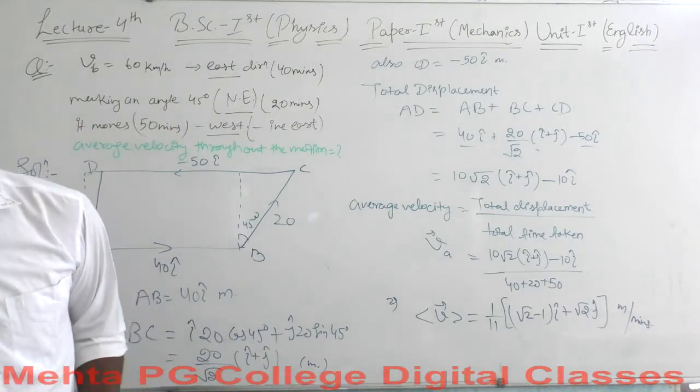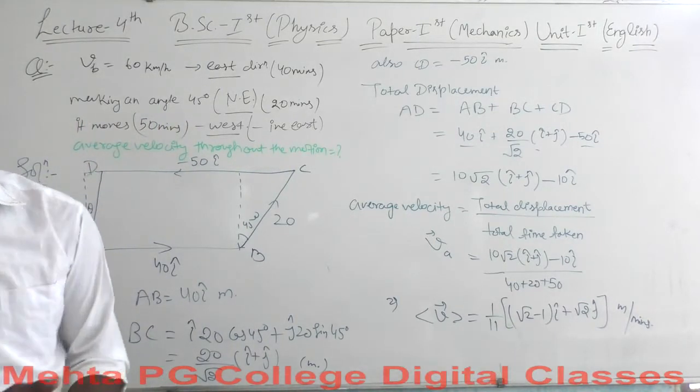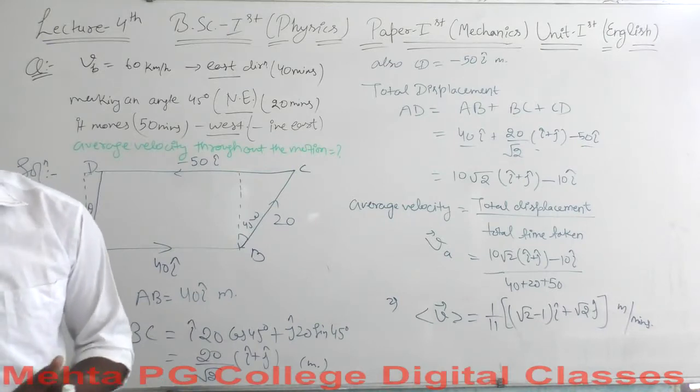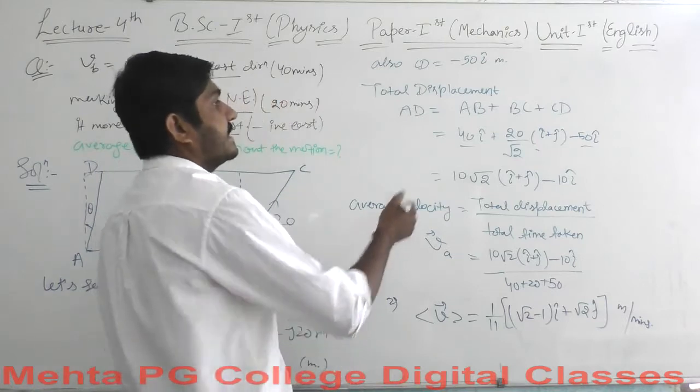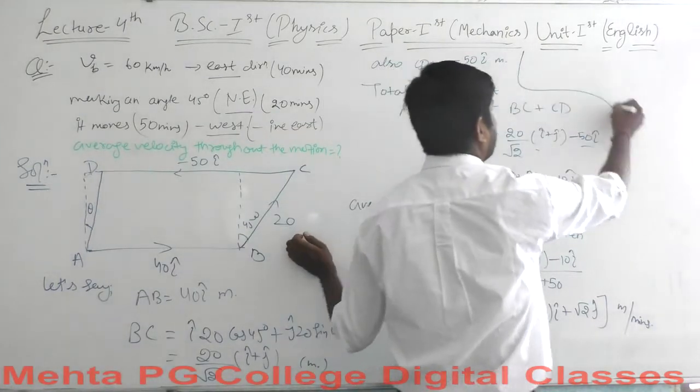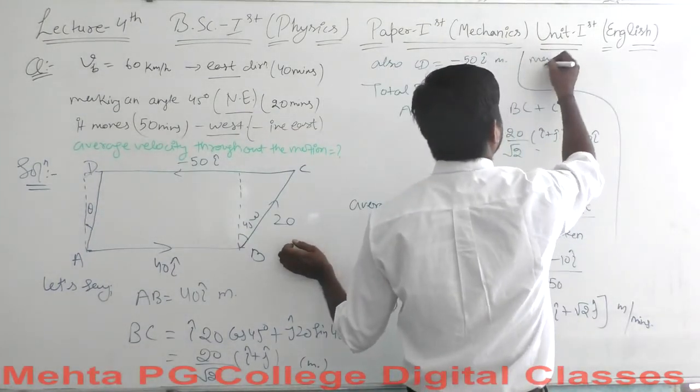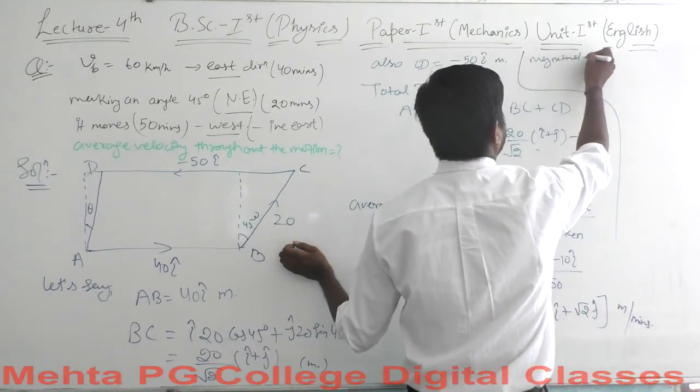So, what should be the magnitude of average velocity here?